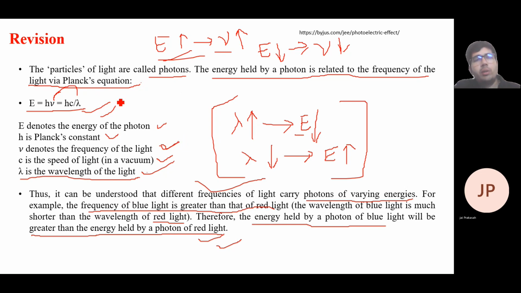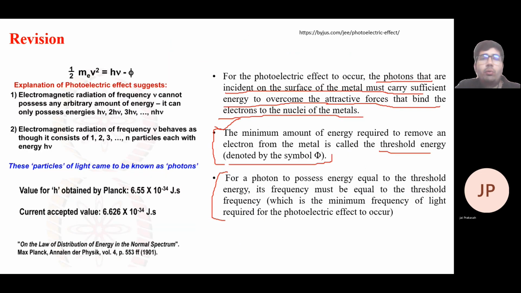So if we require a minimum amount of energy for the photoelectric effect, we require a particular wavelength, or a wave of particular frequency. Then only can we get the minimum required energy. In other words, you require a minimum frequency of light for the photoelectric effect to occur.